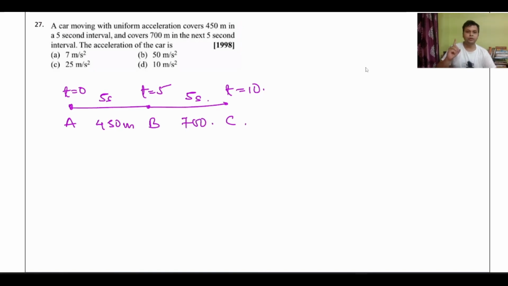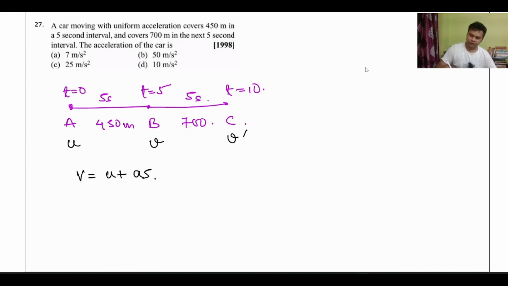Now acceleration is given to be constant. Let me say the initial velocity is u, the velocity at B is v, and the velocity at C is v dash. So v is equal to u plus at, that is, u plus acceleration into time taken, and the time taken is 5 seconds, right? v square is equal to u square plus 2as, this you can also use.